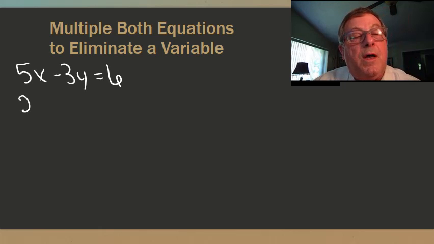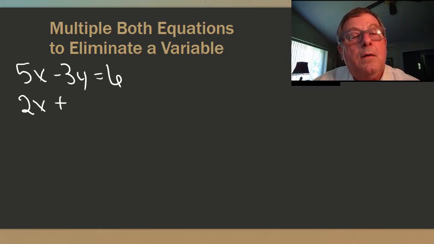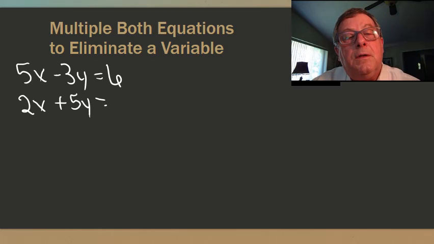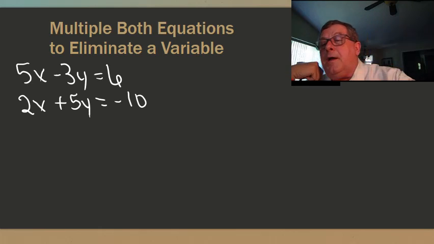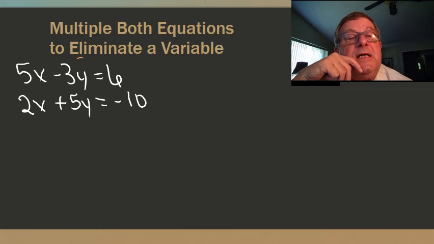And then we've got 2x plus 5y equals negative 10.